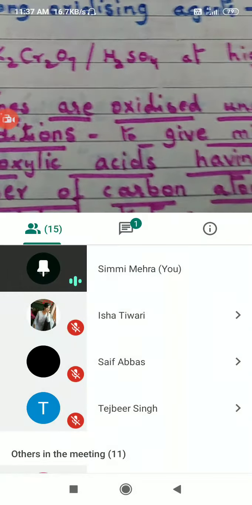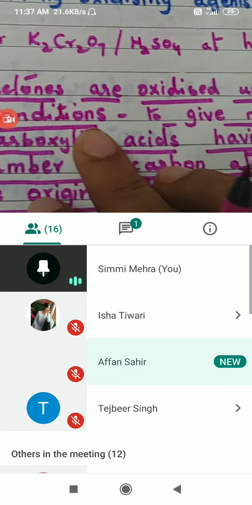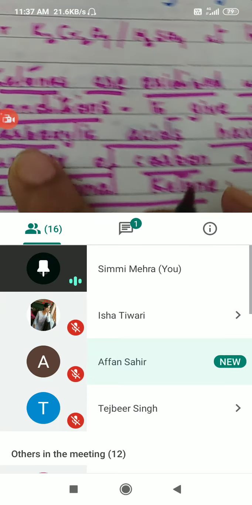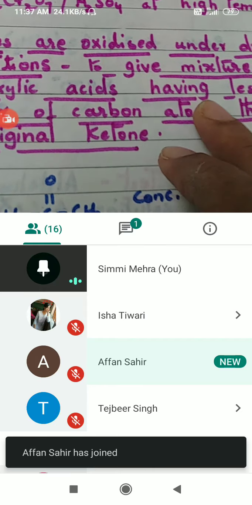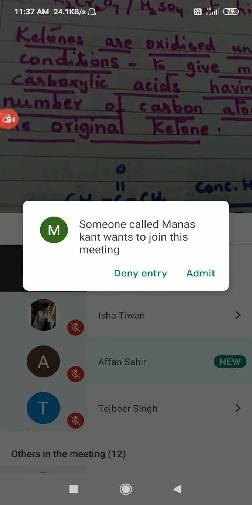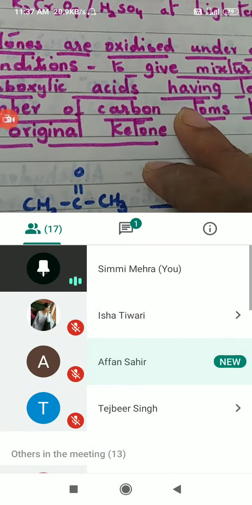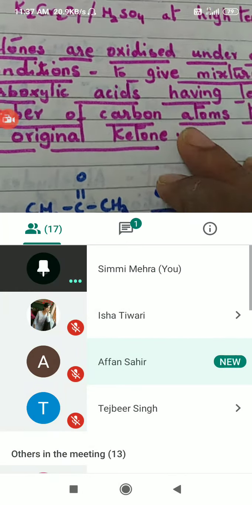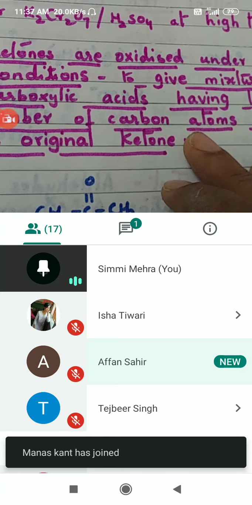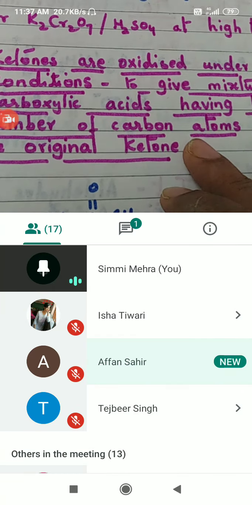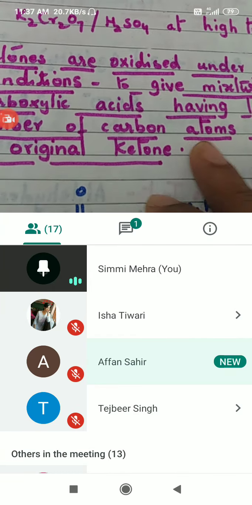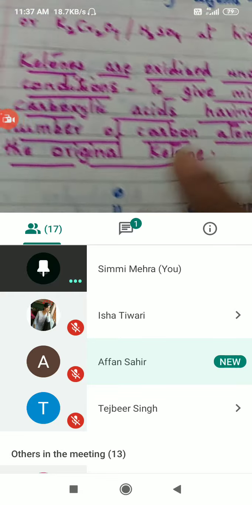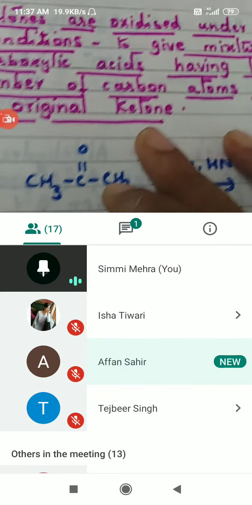Ketones are oxidized under drastic conditions to give a mixture of carboxylic acids having a lesser number of carbon atoms. Aldehydes, when oxidized, are oxidized to carboxylic acids having the same number of carbon atoms. But here these are oxidized to carboxylic acids having a lesser number of carbon atoms than the original ketone.